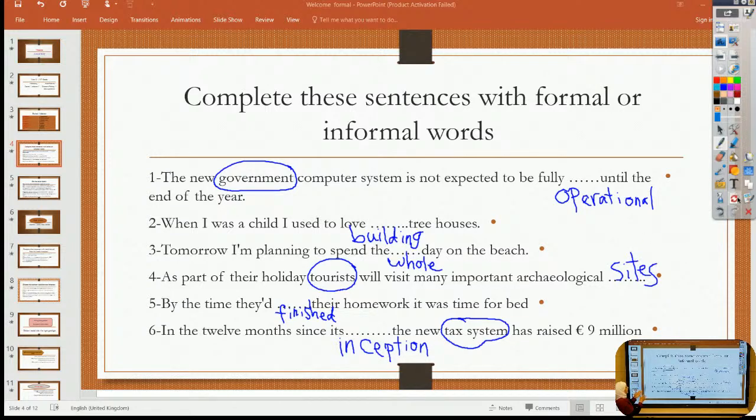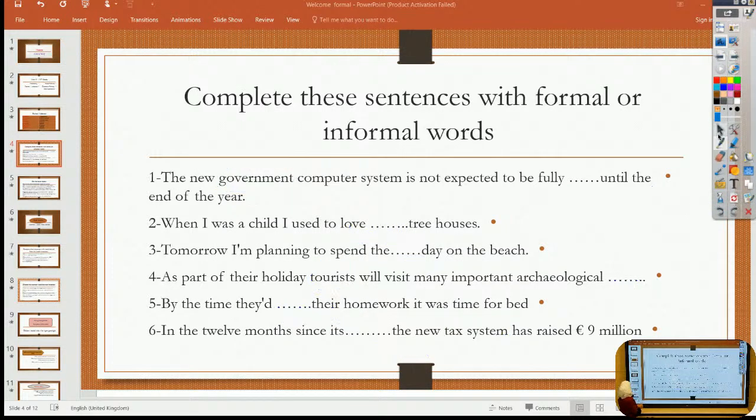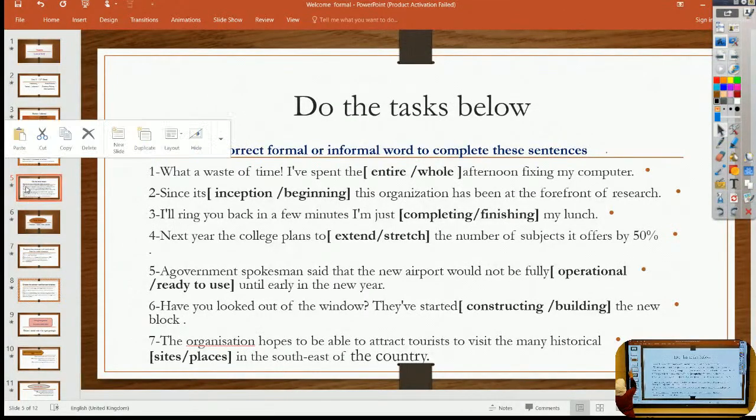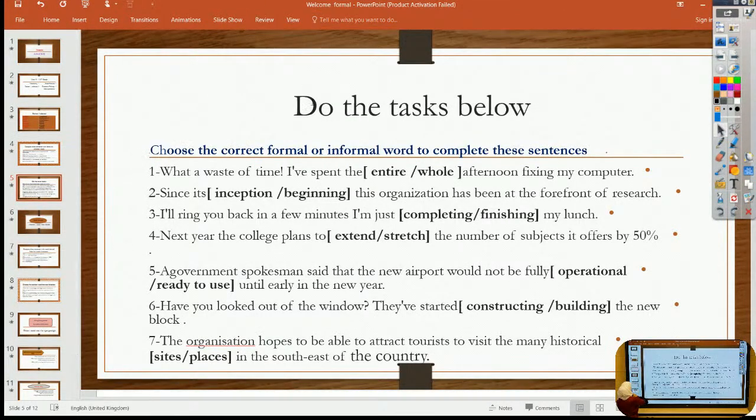Okay, so here we choose and write the correct word, formal or informal. Sure, as in the final exam, this will choose between, choose in brackets. Okay, now let's move to another one. Number 5.